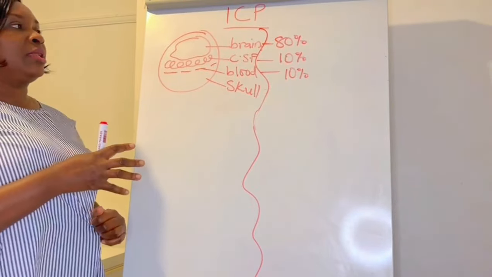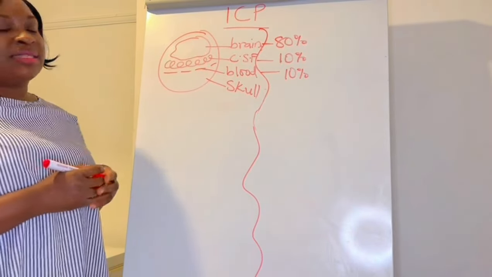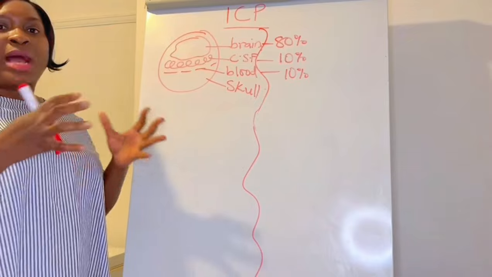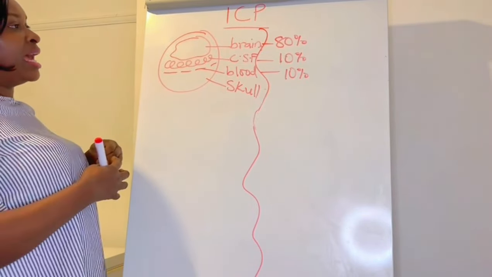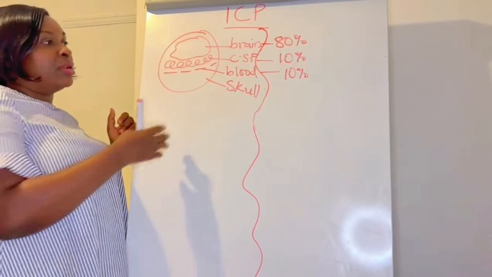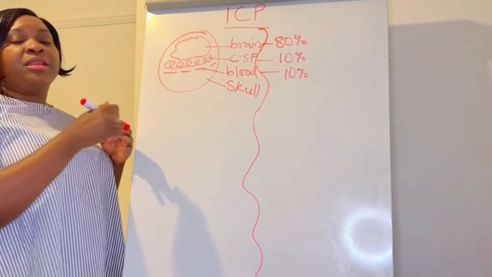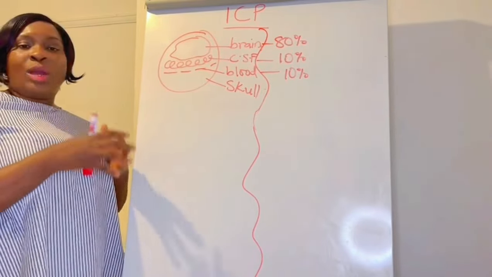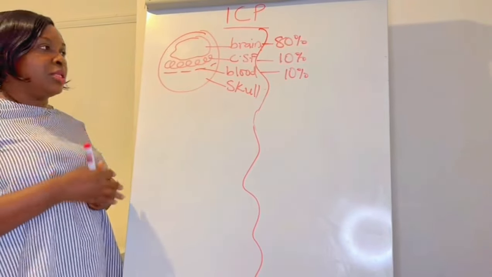And nature has it that if any of the components increases, the other two need to decrease to accommodate and have an equilibrium. So if we have an increase in the flow of blood to the cranium and the blood exceeds 10%, the CSF and the brain need to adjust to make sure that the pressure within the cranium is maintained.